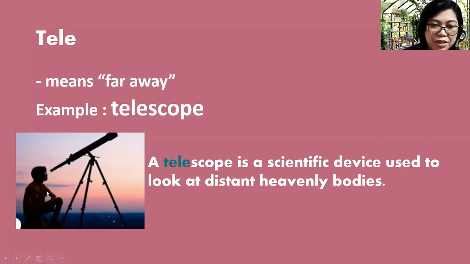This is how it looks like. A telescope is a scientific device used to look at distant heavenly bodies. Actually, scope is also a root word. Tele means far, and scope means to see. So telescope means to see from far away.